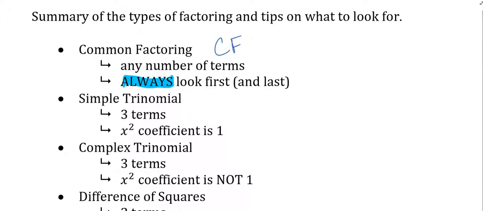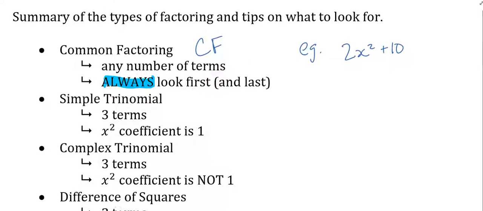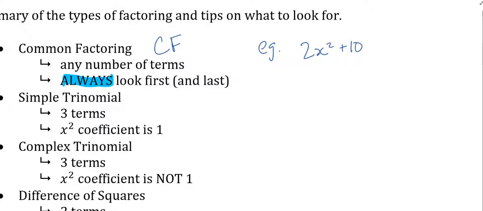Examples of this would be like 2x squared plus 10, although that one has a common factor, but not a very interesting one. A better example, 2x squared plus 10x, for what we're doing at least. Okay, so both of these have a common factor.